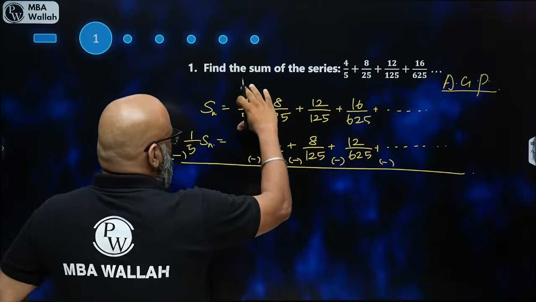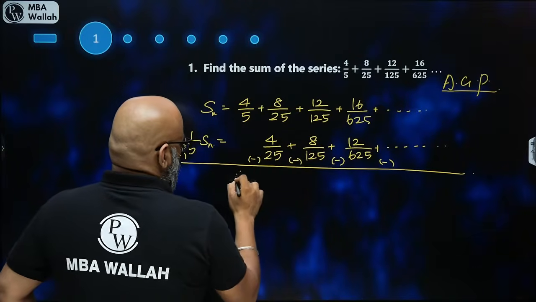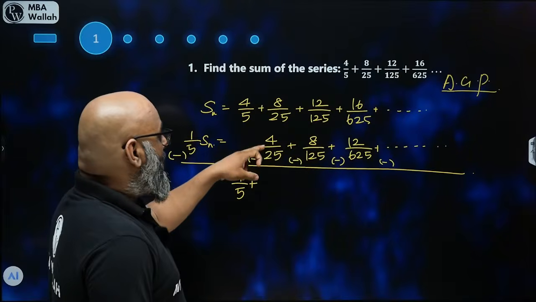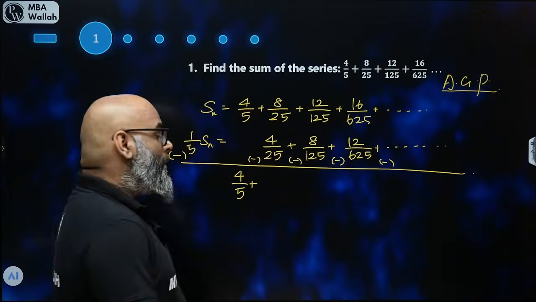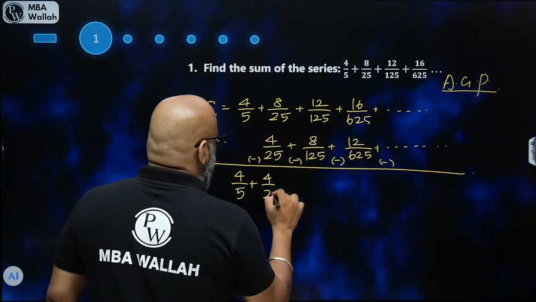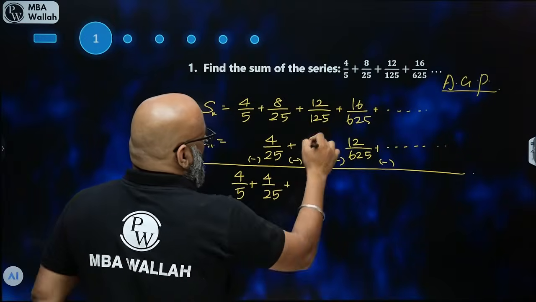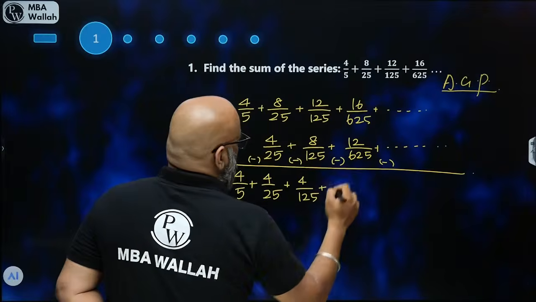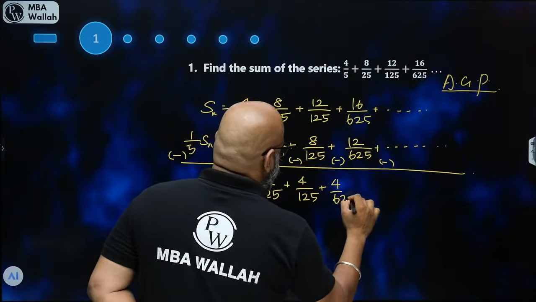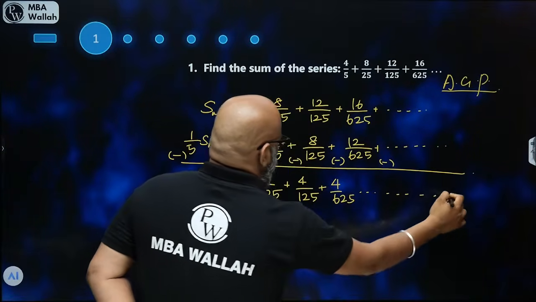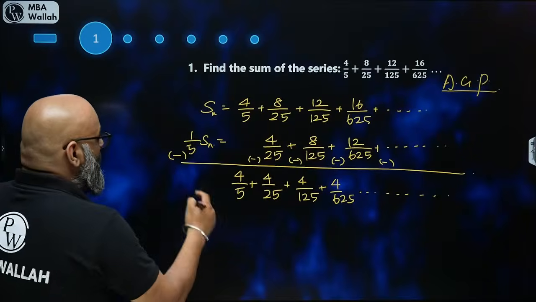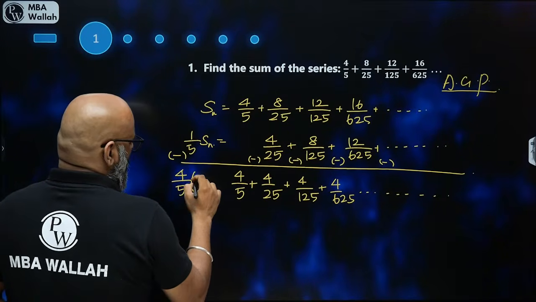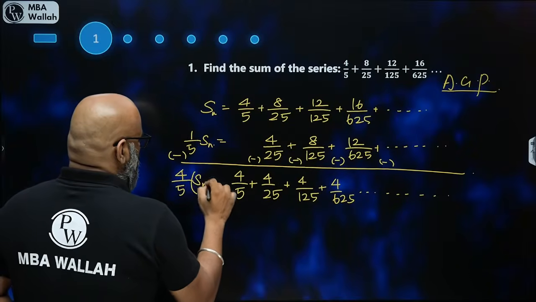Now, we'll keep this 4 by 5 as it is. 4 by 5 plus 8 by 25 minus 4 by 25 will give me 4 by 25. 12 minus 8 will give you 4 by 125. 16 minus 12 will give you 4 by 625 and so on. But this will be what? 4/5 of Sn.